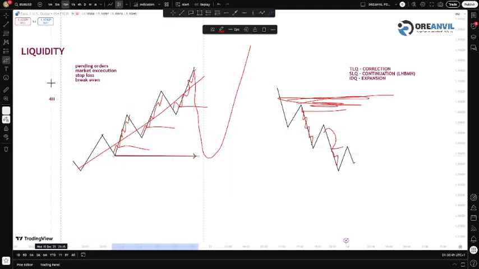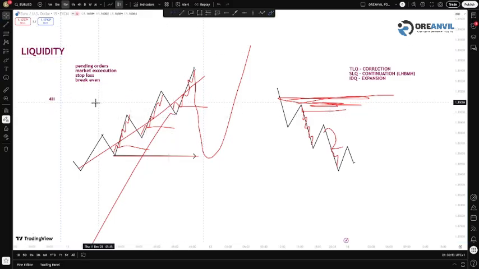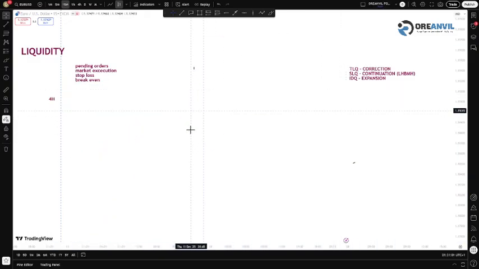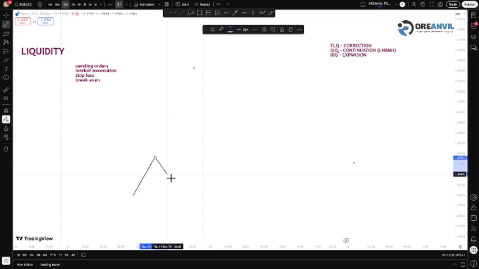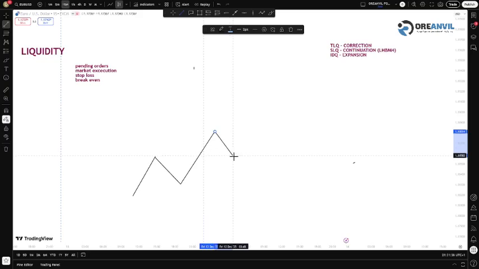So what we are actually doing today is inducement liquidity. So when you are in an uptrend and you have your higher high, higher low, higher high, higher low, higher high.